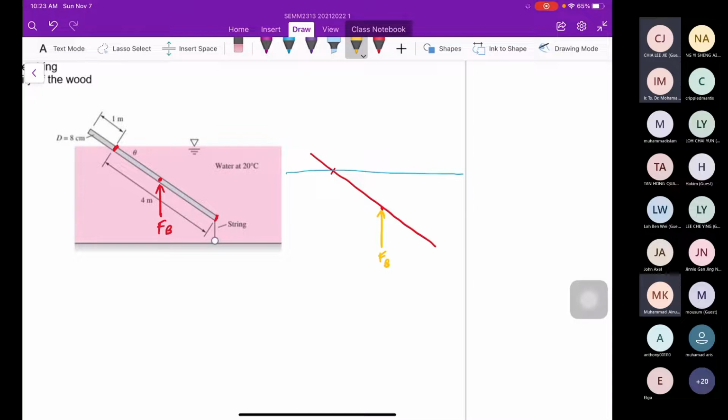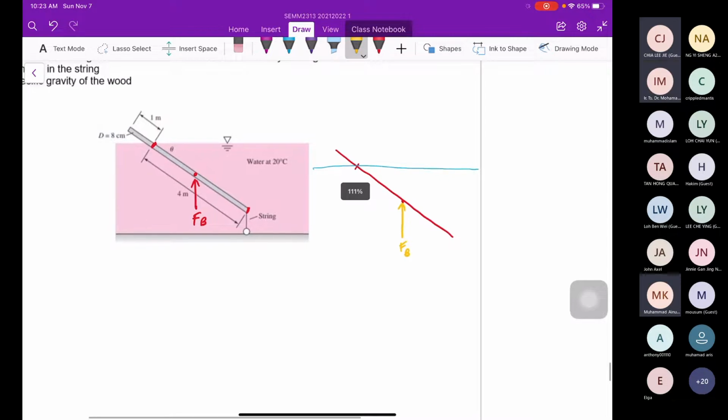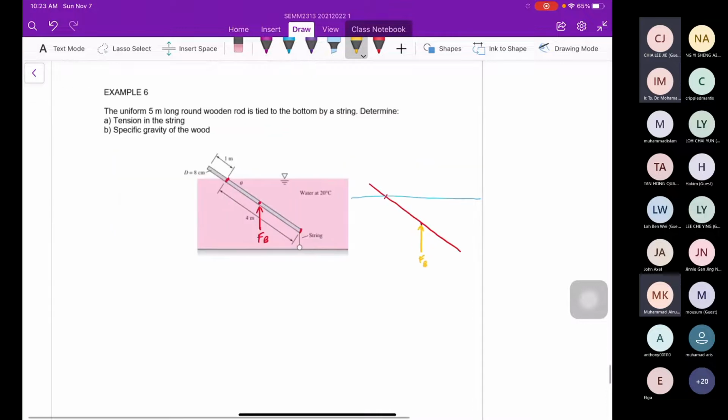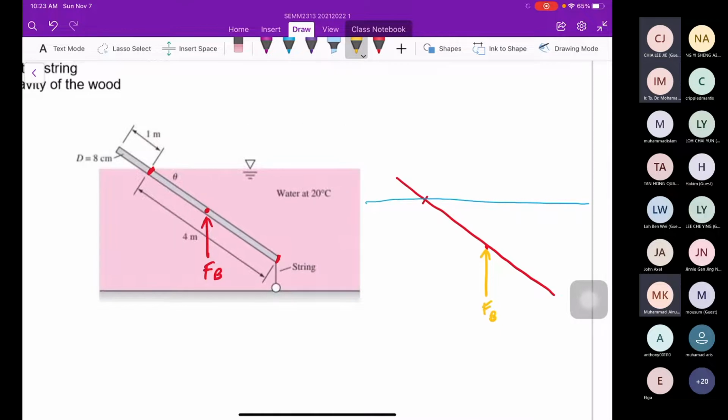We have buoyancy, and then one more we have the weight. Okay, the weight of the rod. So where is the location of the weight? It must be at the center of what? Perfect. Center of 5 meter. Okay, so we have the weight.